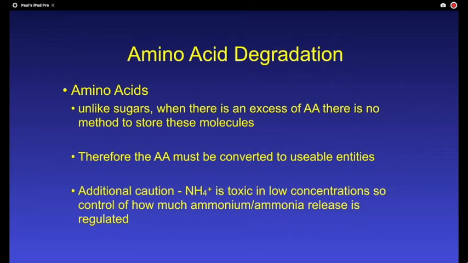The amino acids, on the other hand, if they are brought in, have to be connected to a transfer RNA ready to be synthesized into a new protein that has to be signaled to be upregulated and synthesized. But if you aren't synthesizing proteins, then the amino acids must be degraded. And so I don't have this store, or I can't just put a polymer of amino acids together to hold it off to be used later.